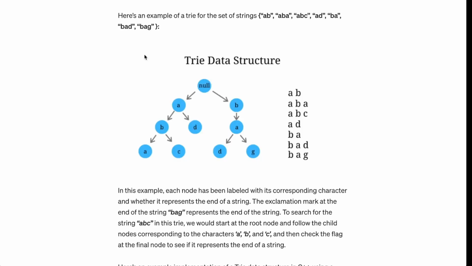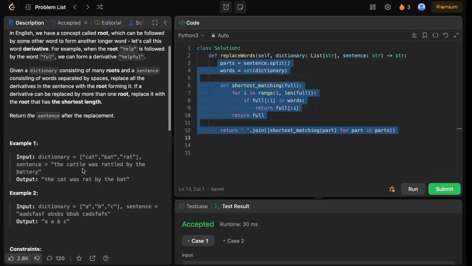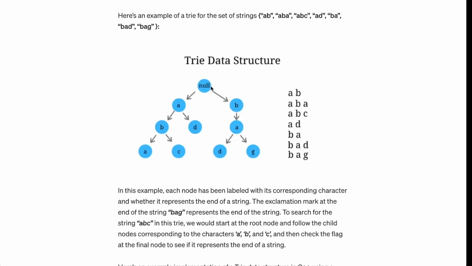And basically, whatever words we have here, let's say cat, bat, and rat, we're going to start the trie structure with some node, which will just have two characteristics: whether or not it itself represents the end of a valid word and a pointer to its children, the children being A through Z. So here we have A to B, then we're assuming that C is none, D is none, like so.